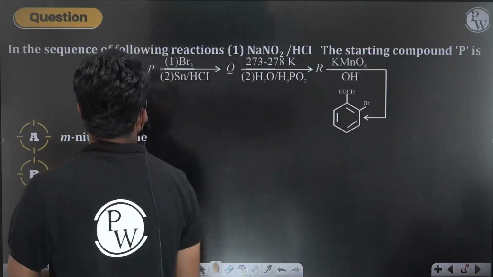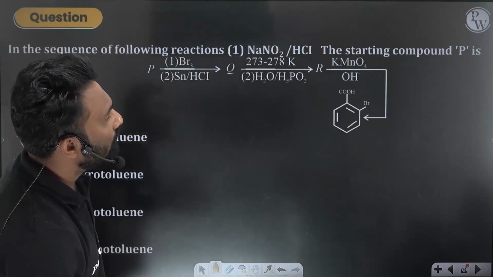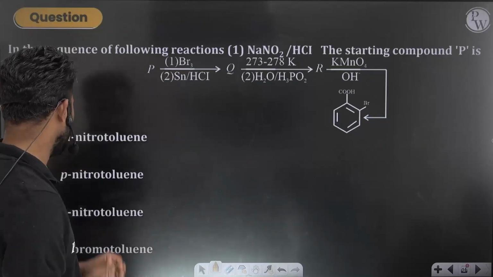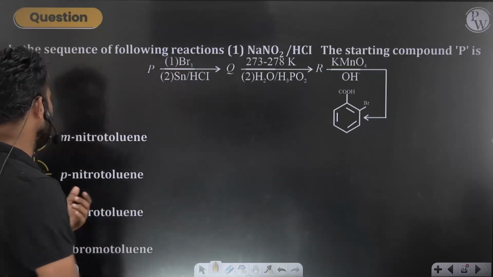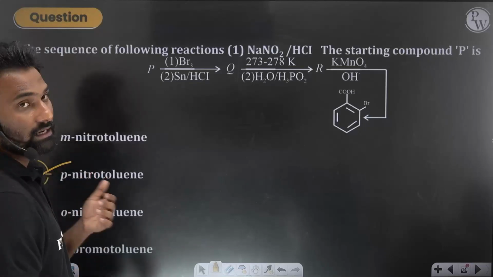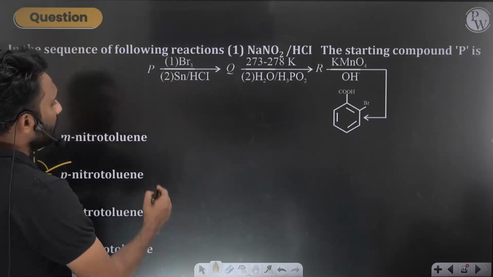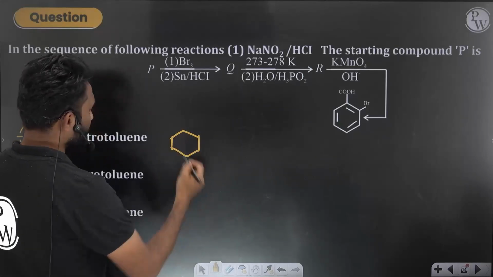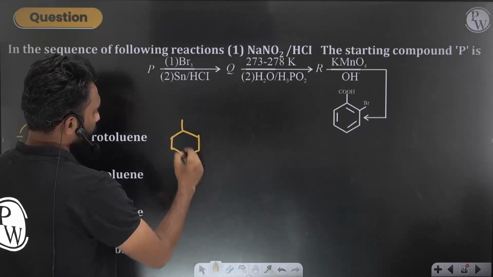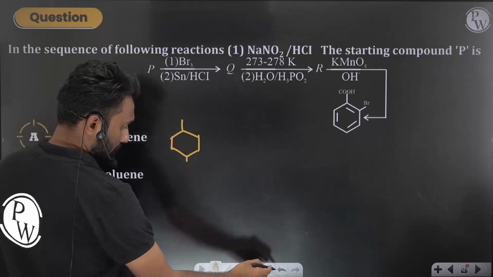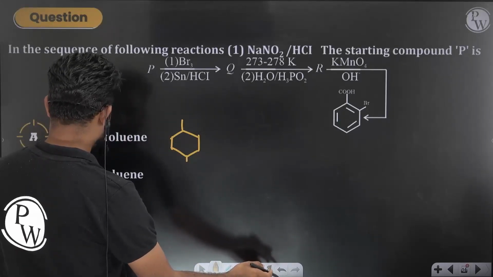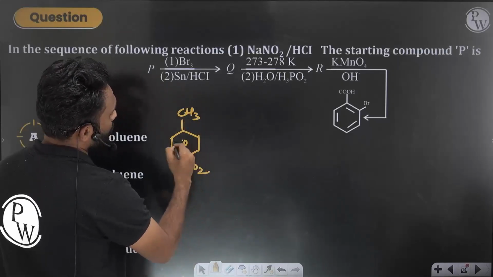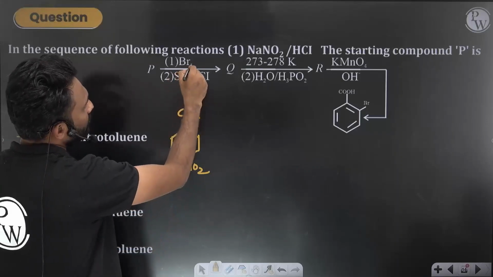In the sequence of the following reactions, it is asking for the starting compound P. Here the starting compound P will be p-nitrotoluene. This is p-nitrotoluene, upon Br2.